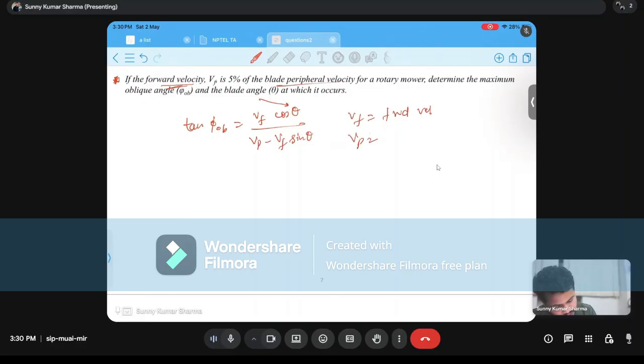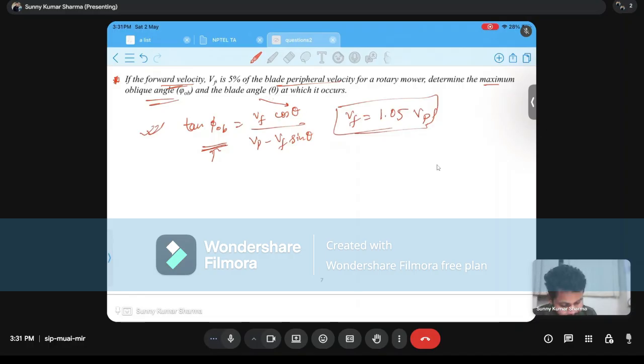So Vf is equal to 5% of the blade peripheral velocity. This will be used later. For now, we have this expression and we are asked to determine the maximum oblique angle phi OB. We need to know what is the maximum oblique angle which we can obtain and at what blade angle theta it occurs.